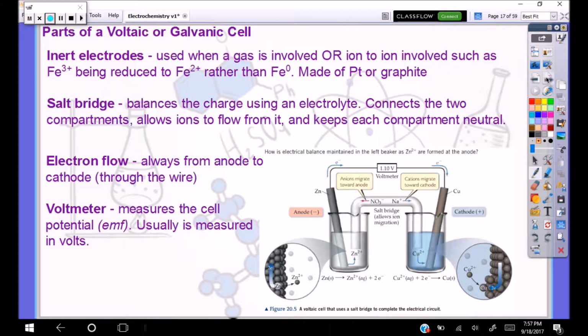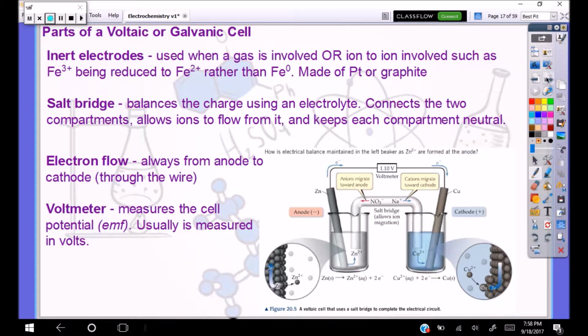It is not actually part of the reaction, but it is known for being neutral, so it doesn't react, and so it allows the ions still to pass through. They are good conductors, but that's about it. They're not going to be part of the reaction, but we do need to recognize that those are valuable when we have ion-to-ion or a gas involved in our cell.